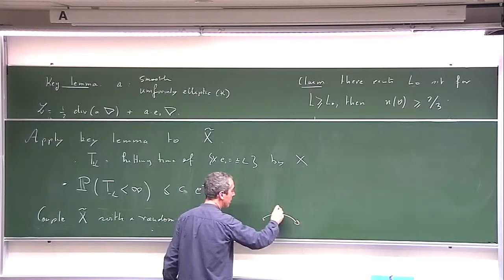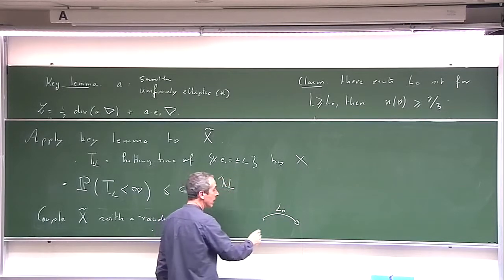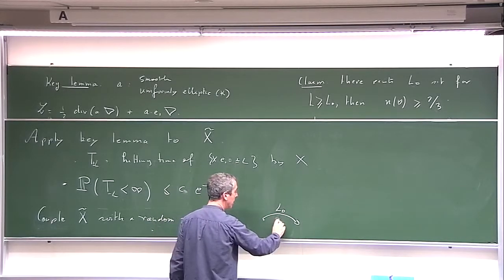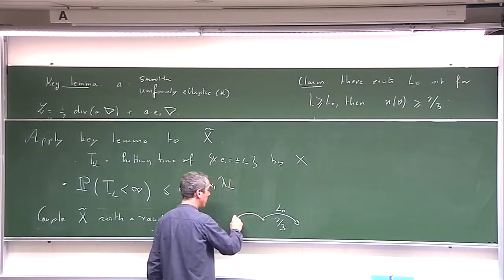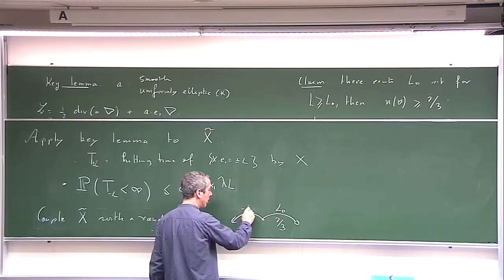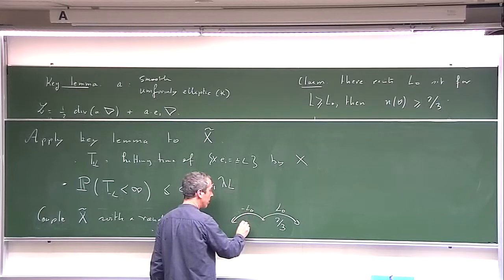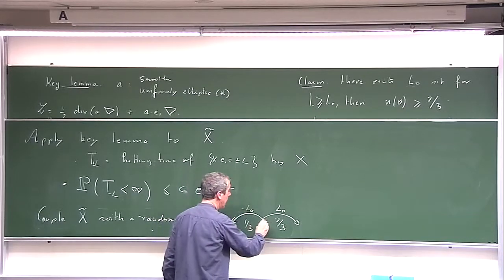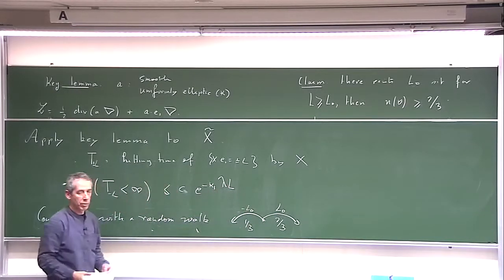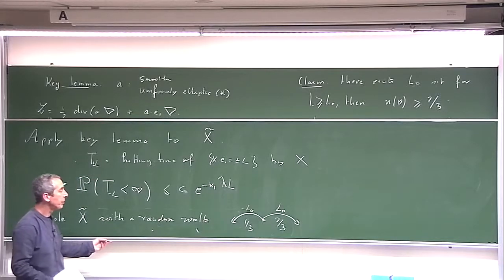It jumps by length L0, plus L0, with probability 2/3, and then it jumps in the other direction, a jump of length minus L0, with probability 1/3, and this kind of estimate is straightforward for random walk.